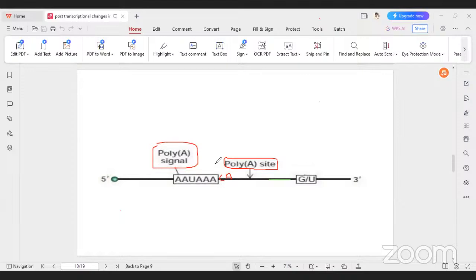Some proteins are involved. The first protein is cleavage stimulating factor, and another factor is CPSF, cleavage polyadenine specific factor.